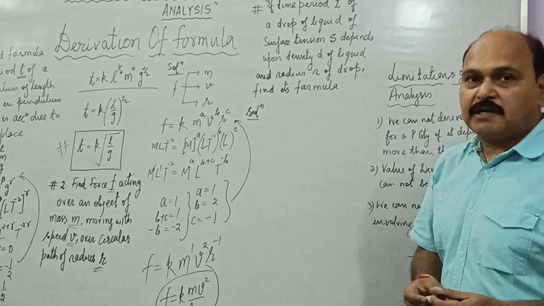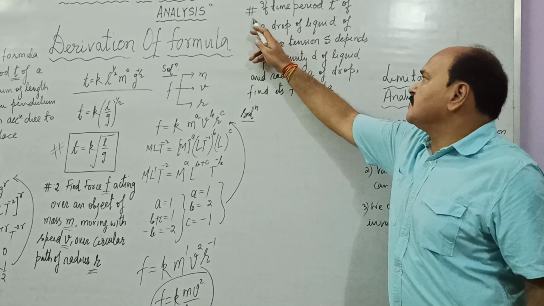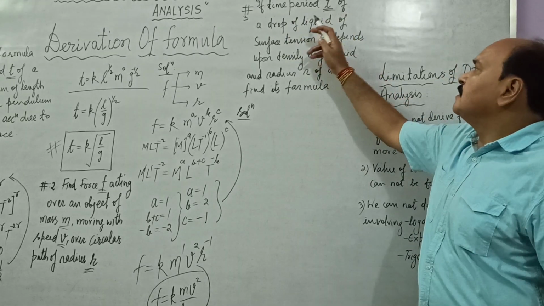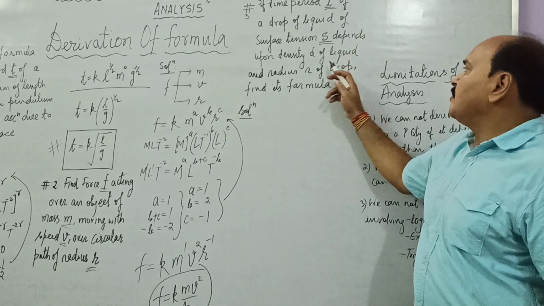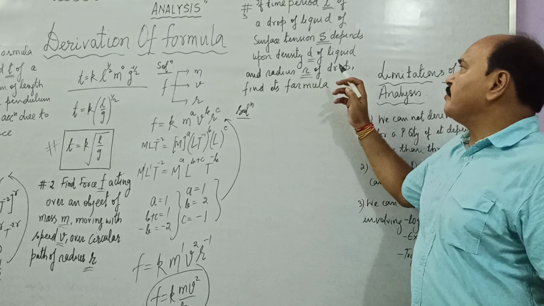Before we wind up the class of the day, in this question, which is hashtag 3, time period T of a drop of liquid of surface tension S depends upon density D of the liquid and radius R of the drop.